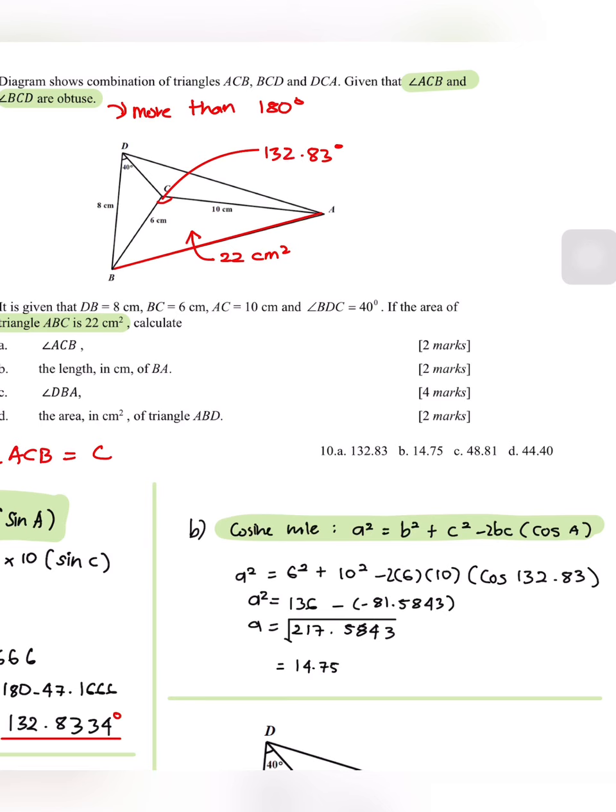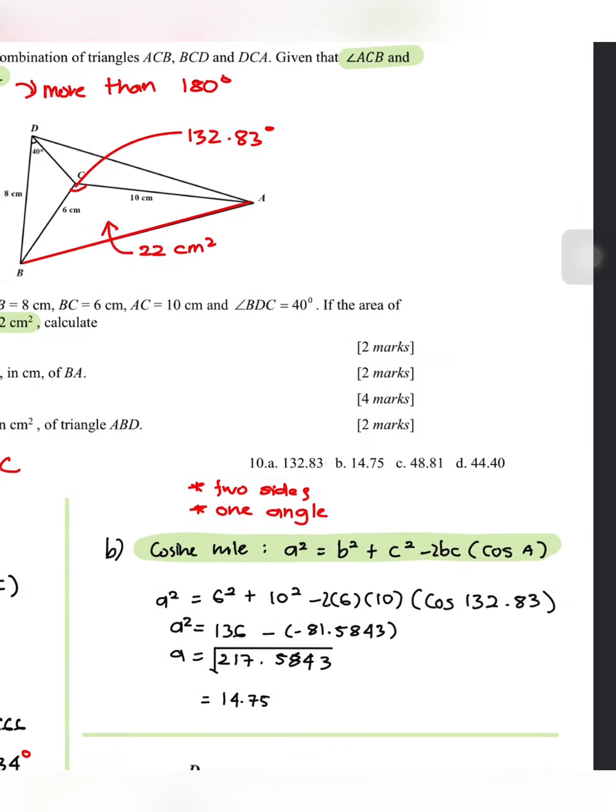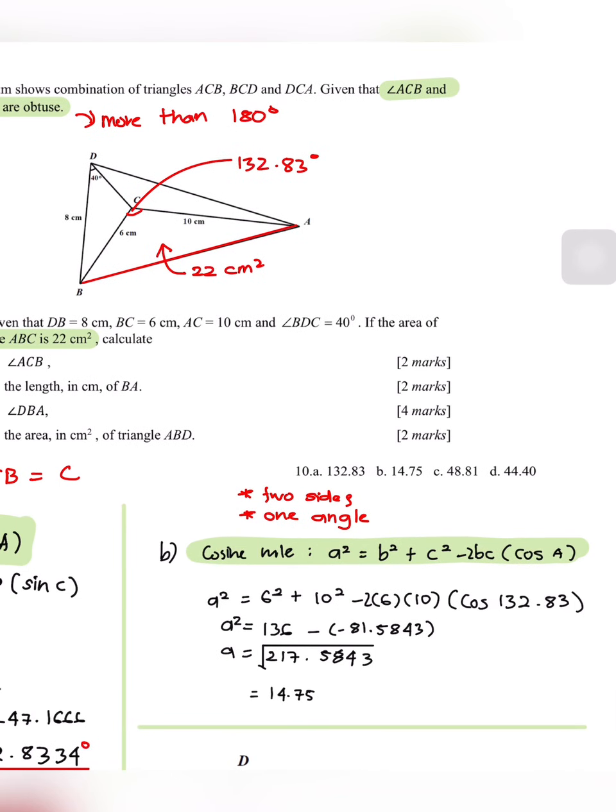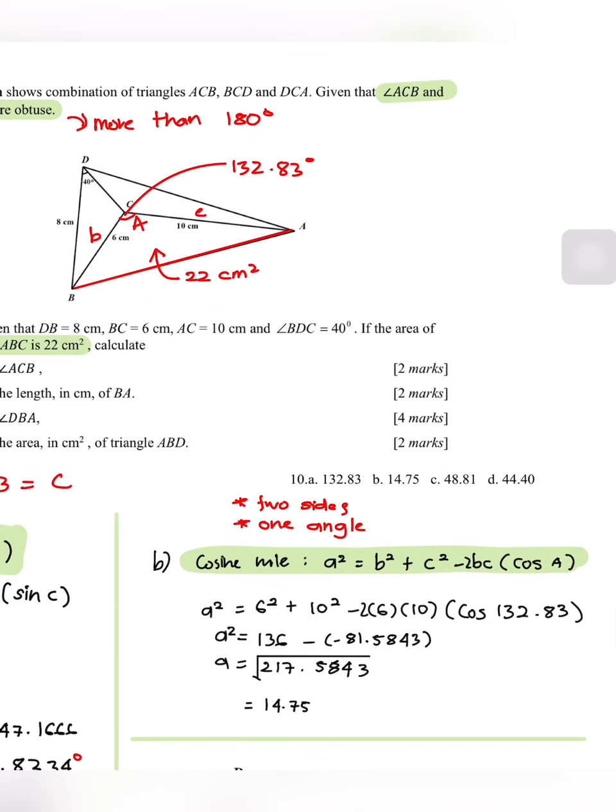This is because we have two sides and one angle. So a squared equals b squared plus c squared minus 2bc times cos A. The a is what we want to find. This is angle A, this is our b, and this is our c value. So we're going to plug in the values.